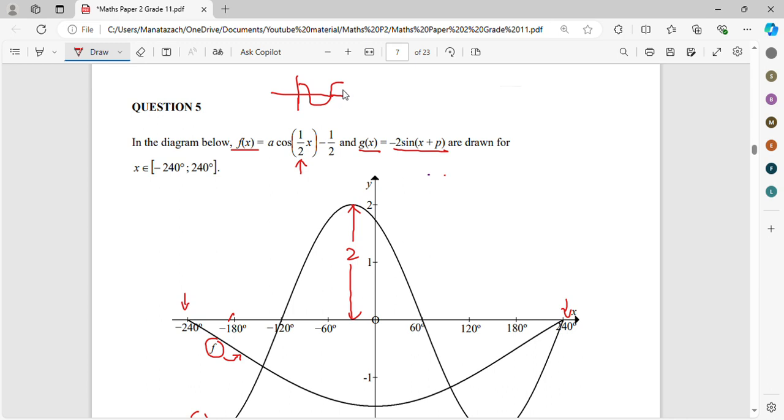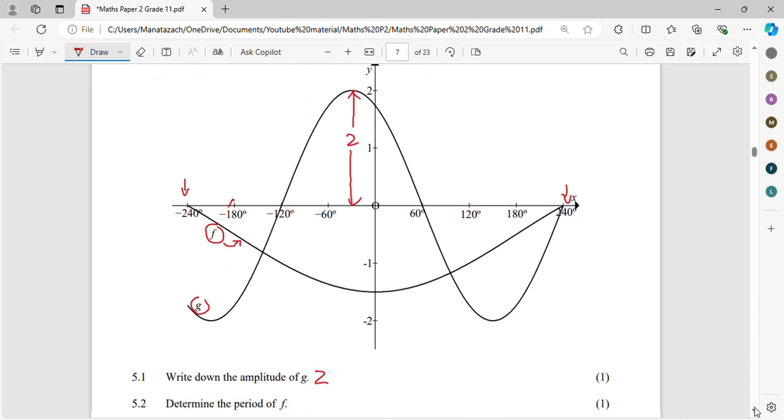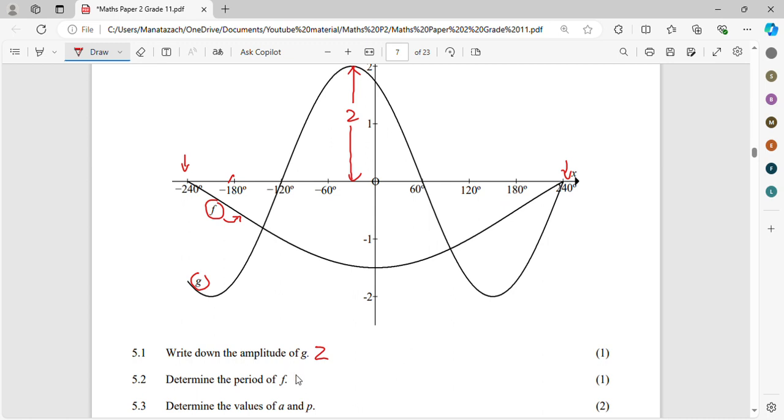It completes one revolution at 360. Now if you multiply the coefficient of x by 1/2, you are kind of doubling that 360. So it's like you're multiplying that 360 by 2, which will give you in return a period of 720, right? So I hope you understood that. So that will be the period here, 720 degrees.